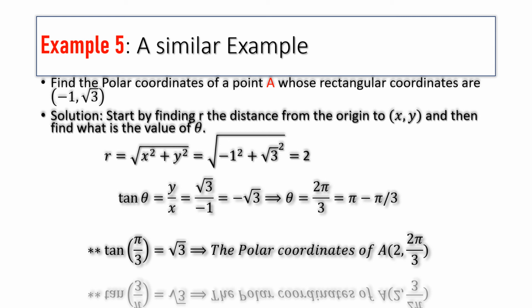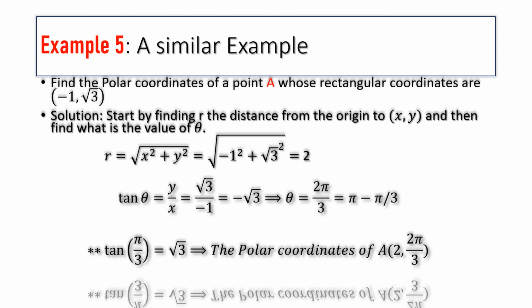Now the tangent is going to be negative because one of the coordinates is negative. So the tangent is negative square root of 3. And the angle which has a tangent of negative square root of 3 is 2 pi over 3. But notice we can find it as pi minus pi over 3. So we notice the relation between the previous example and this example.